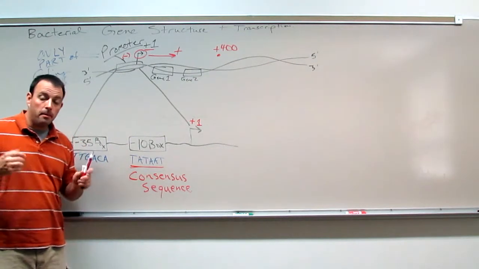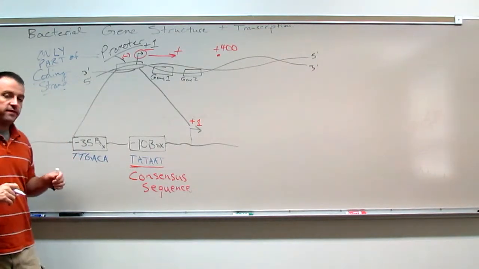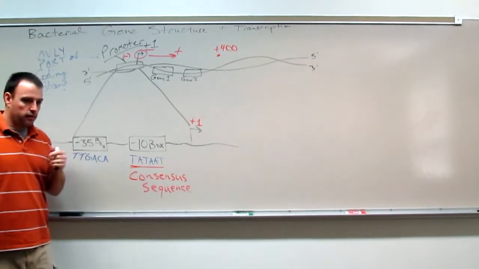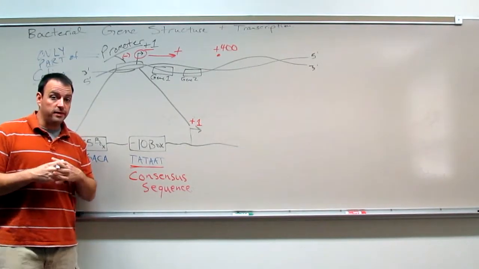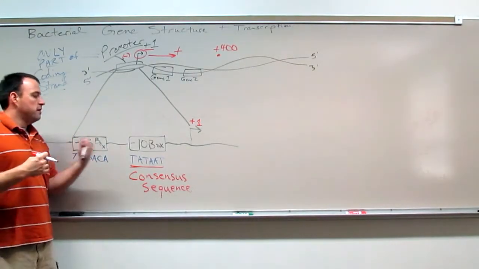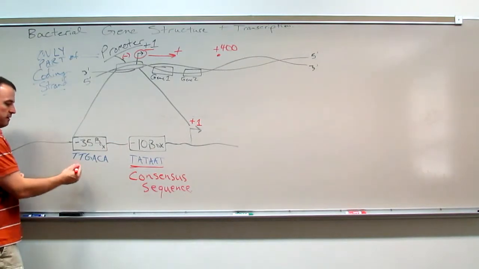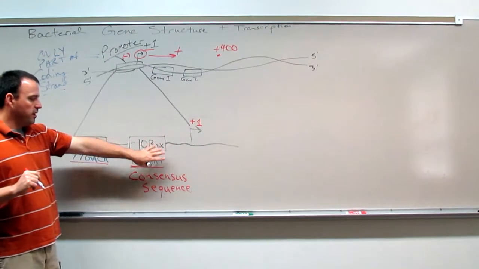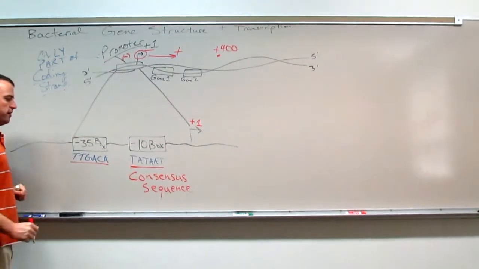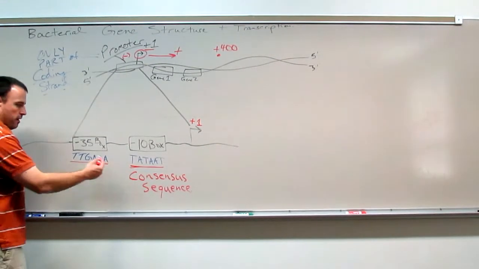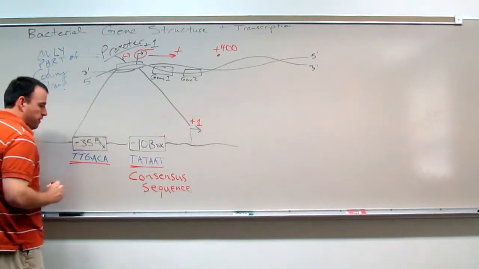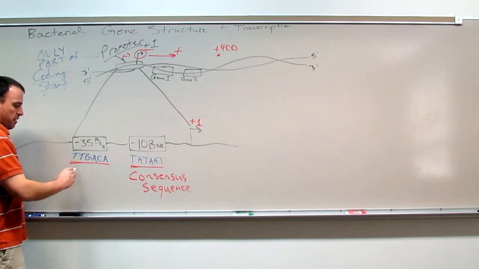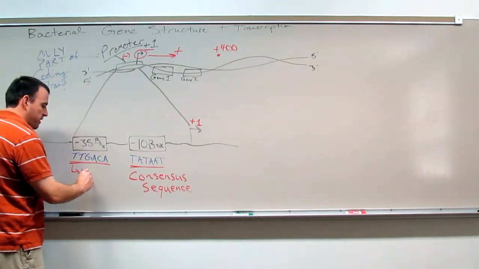Okay? But that's not enough, because we have 7 different sigma factors, and we have lots of different operons that need to be turned on at different times. So more than that, it's pretty much a combinatorial system, where not only do we have a -10 box, we have another box called the -35. The -35 box, much like the -10 box, has a consensus sequence, but this is extremely variable.